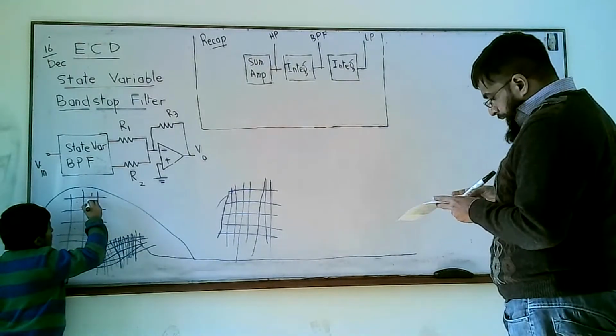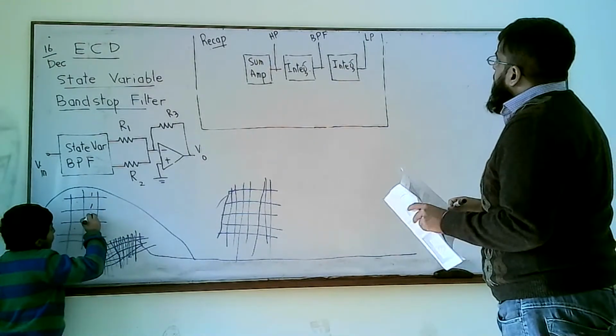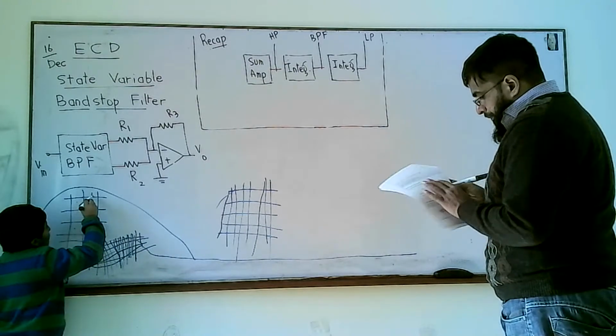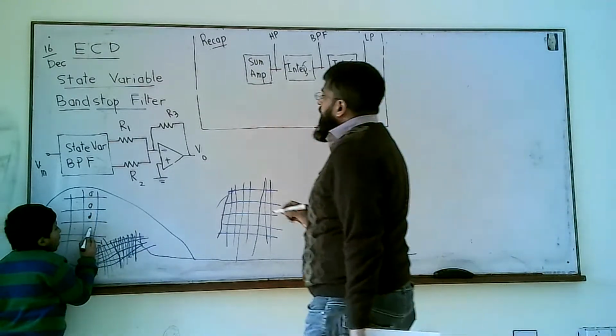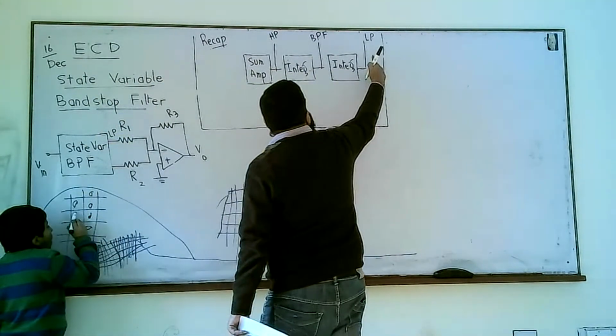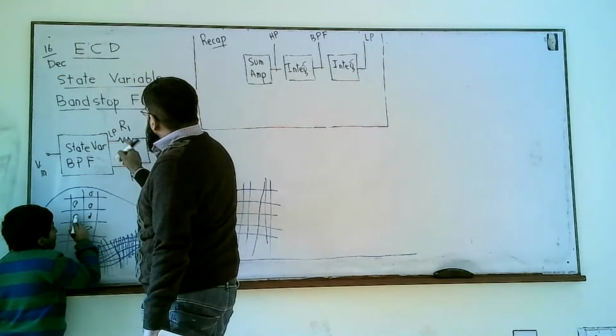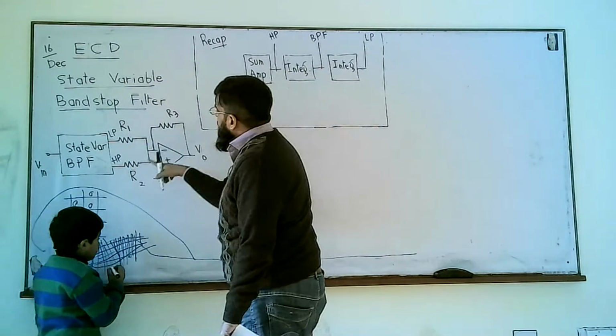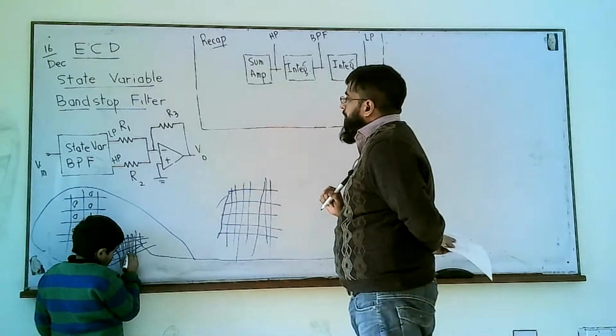So what we are going to do now is we are not connecting this band pass output to the band stop filter, but we will be connecting this low pass output to the resistor R1 and the high pass output of the first stage to the input of resistor R2.